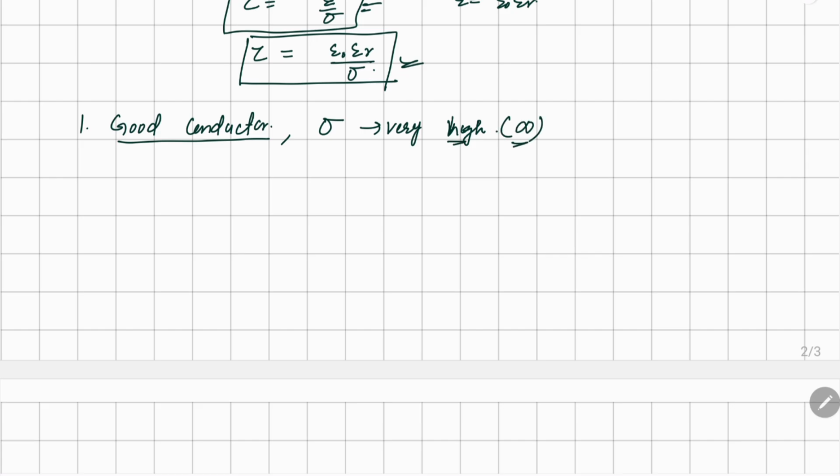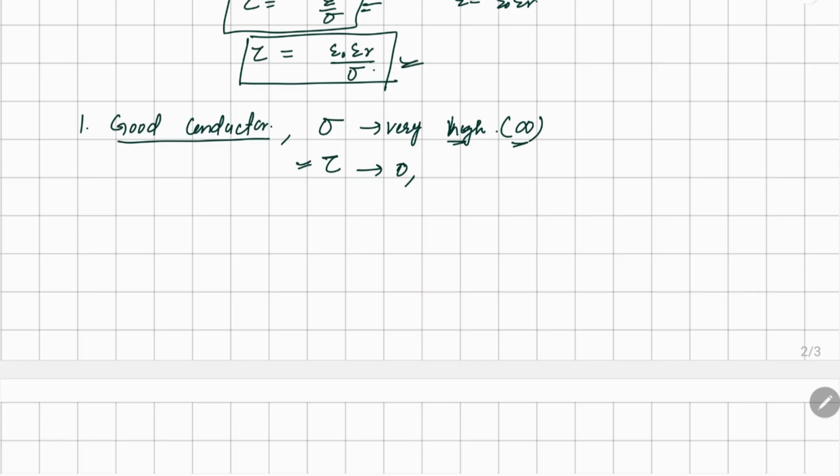It also means that this characteristic time tau tends to 0. We want the conductor to move the charge imbalance to the surface as fast as it can, so the characteristic time tau should be 0.